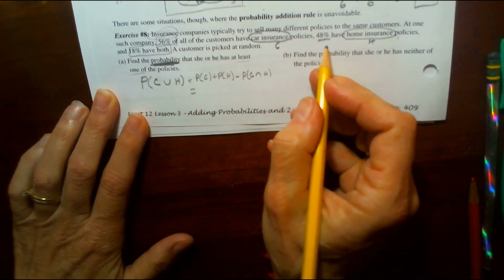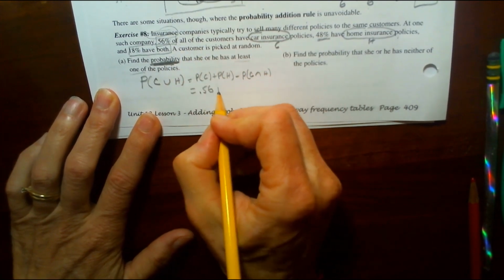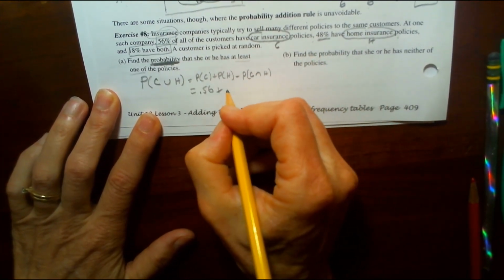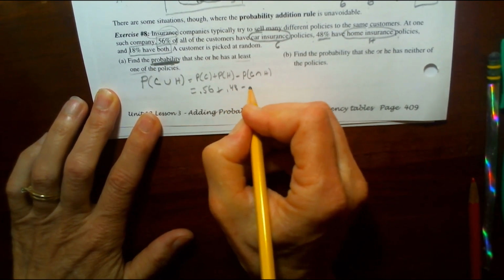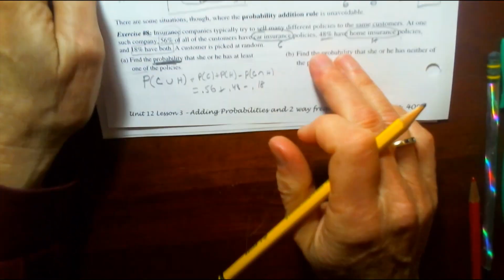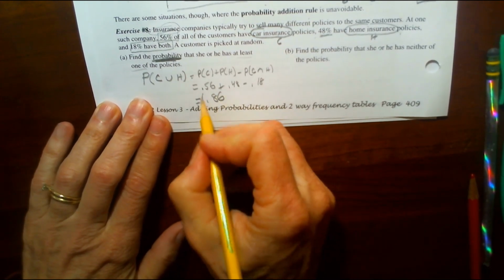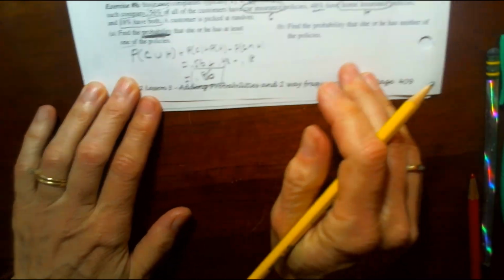Well, from the numbers that we have up here, we have 0.56 plus 0.48 minus 0.18. Let's just see, 0.48 minus 0.18 is 0.3, and 0.3 plus 0.56 is 0.86. So that is the probability that they have one or the other.